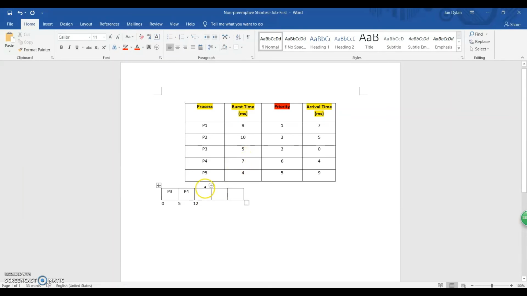So we let P5 in, and add 12 with the burst time of P5, which is 12 plus 4. So it becomes 16.